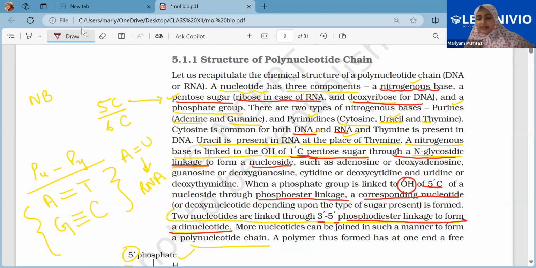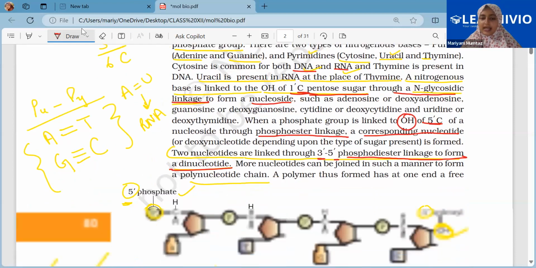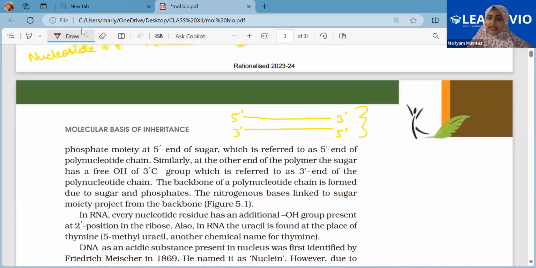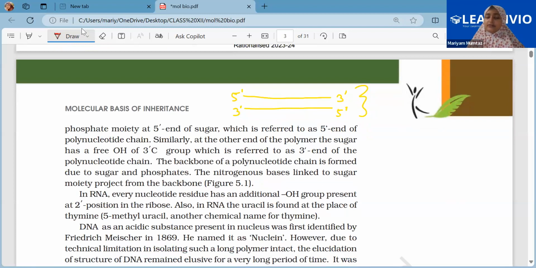A polymer thus formed has at one end a free phosphate moiety, meaning at the 5' end of the sugar there will be a free phosphate group, which is referred to as the 5' end of the polynucleotide chain.